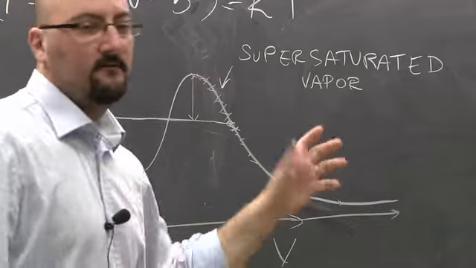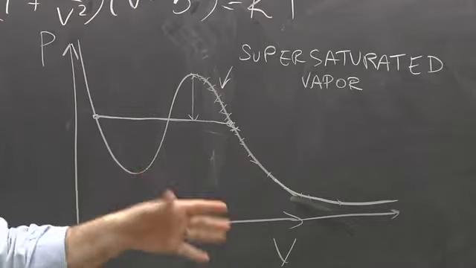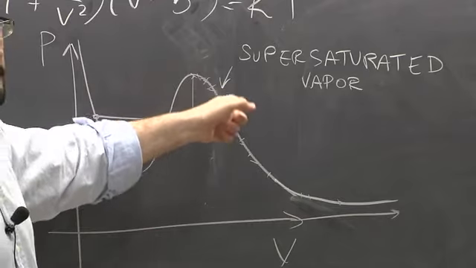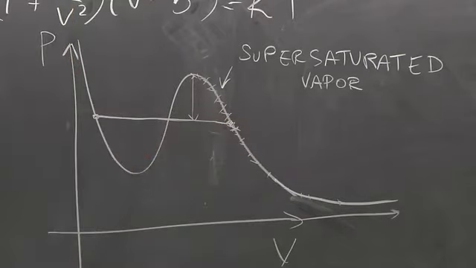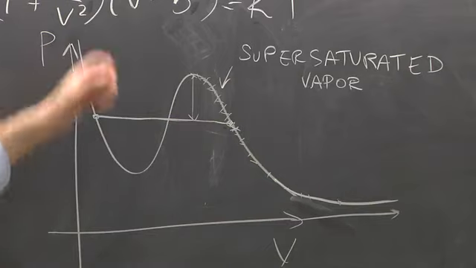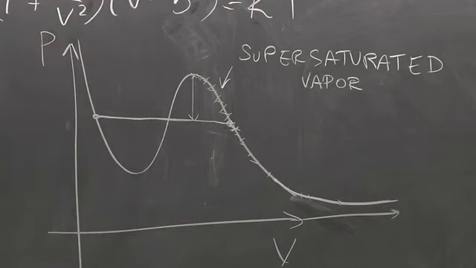But if you're not careful, if you're doing an experiment without really looking for this, you will never find it. What happens is that you get to a certain point and then it starts liquefying until it's all liquid, and then it behaves normally. Okay?